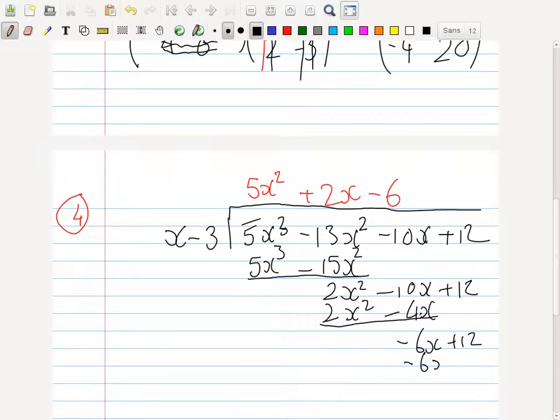Oh, this is a 6. Yeah, that's a 6. So that makes this minus 4, which makes this 4, minus 4. So that'll be a minus 4x plus 12. Remainder 0.